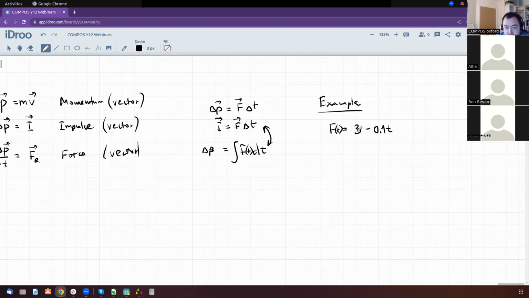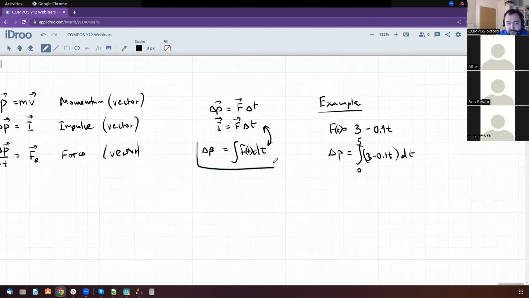And the change in momentum caused by that force, if it acts for 5 seconds, will be the integral from 0 to 5 of 3 minus 0.1t dt. I'm not going to integrate this and explain the consequence of that, but this is an important thing.